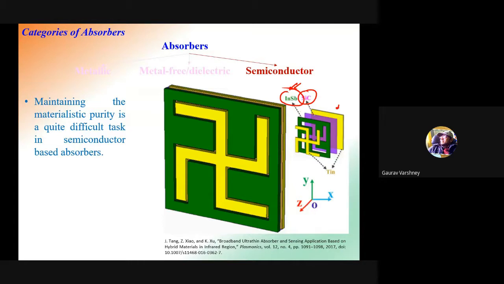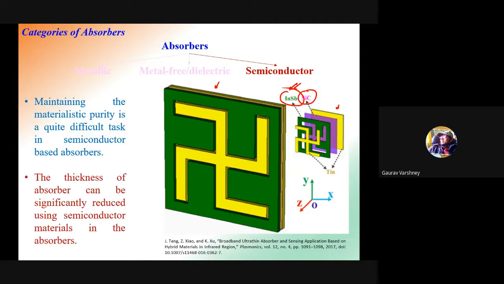So you can say some problems are also existing with semiconductor materials. Maintaining the purity of semiconductor material is not an easy task. In fact, fabrication of semiconductor material is also not an easy task.